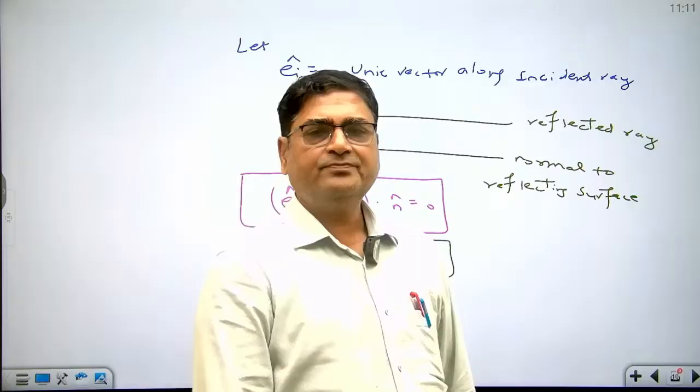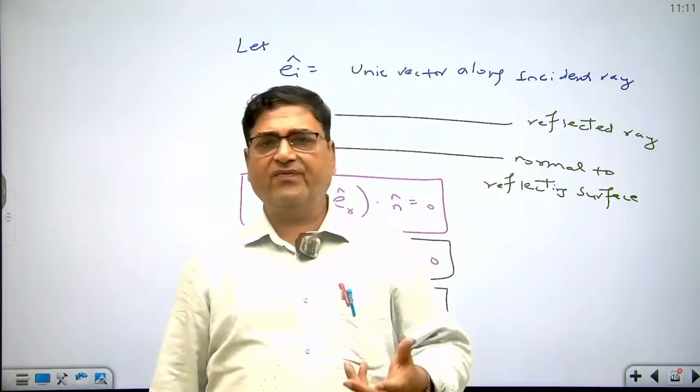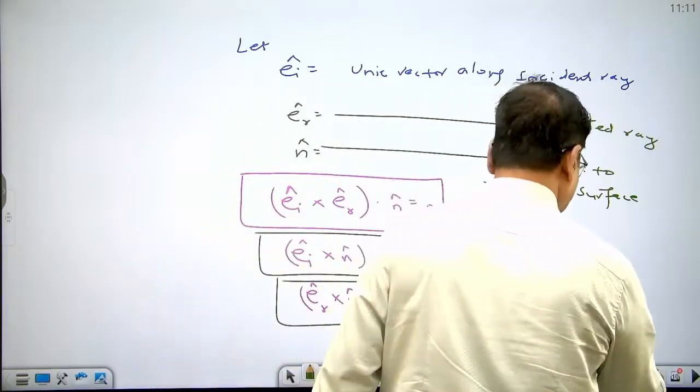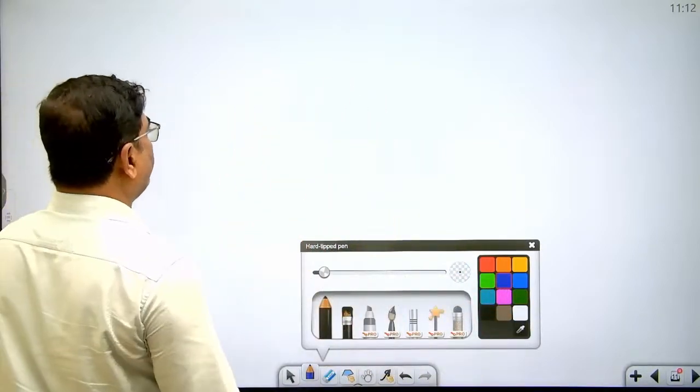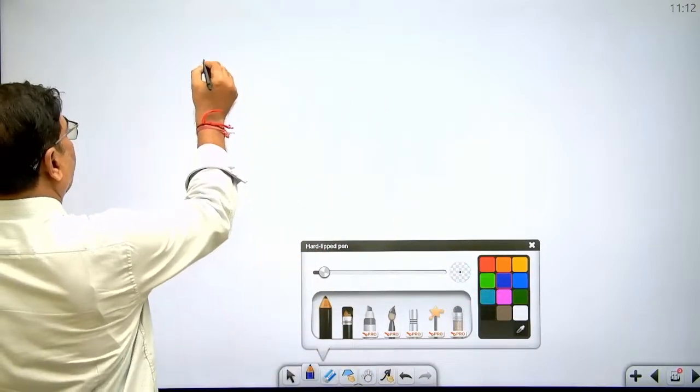Now, dear student, I am writing the equation of the laws of reflection in vector form. That will show you the actual meaning of reflection. What happens in reflection of light?